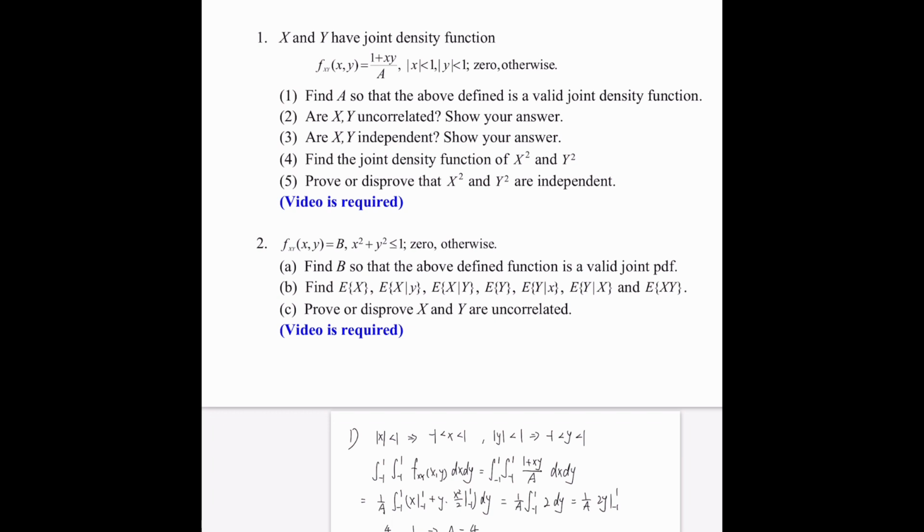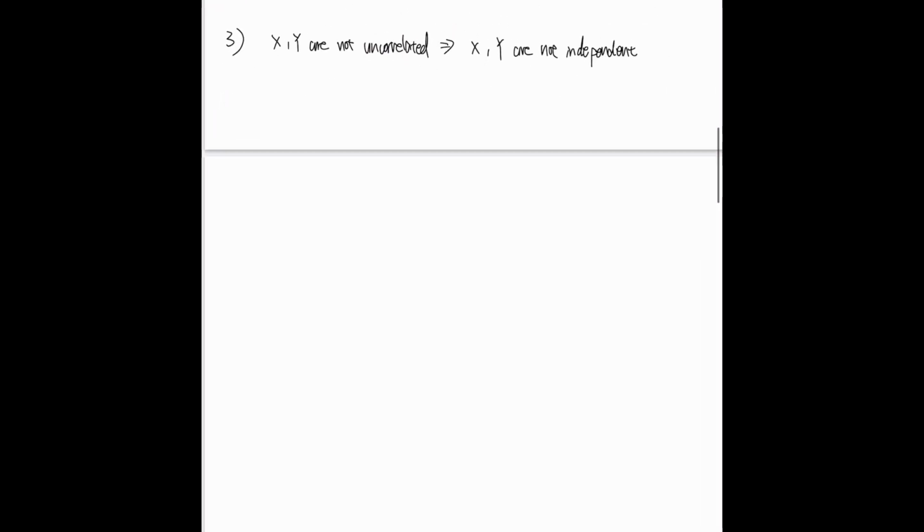Question 4. Find the joint density function of x squared and y squared. So let z equals x squared and w equals y squared. And we can get the Jacobian J equals determinant of [2x 0; 0 2y] equals 4xy.